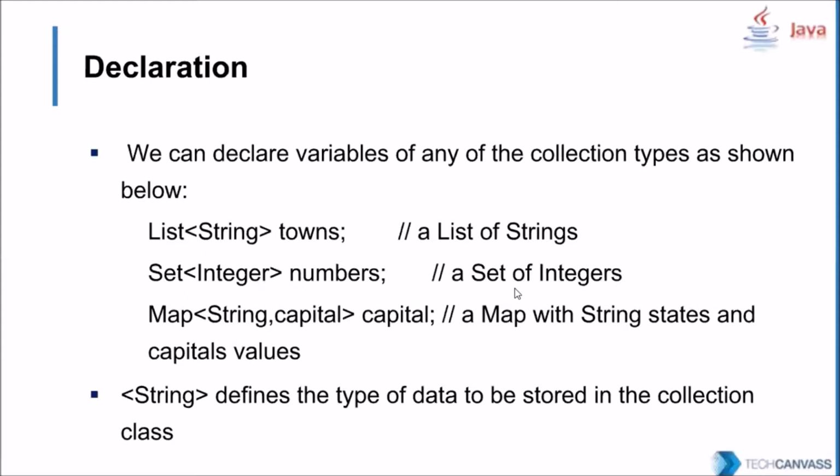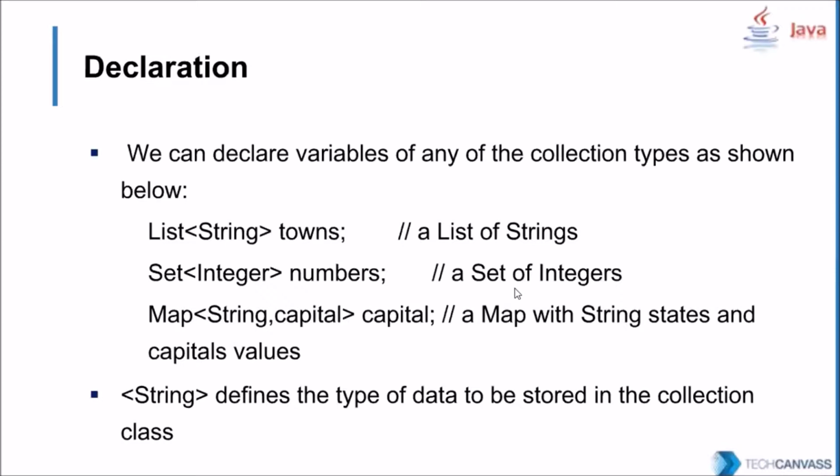So the map capital will have a key and a value of data type string. This is the way we define it. In maps, we can also have string and integer, integer and string, or float for that matter, and we can store data accordingly, depending upon the requirement.